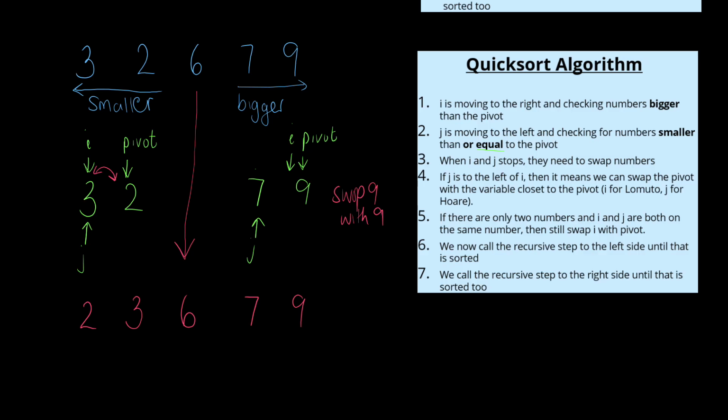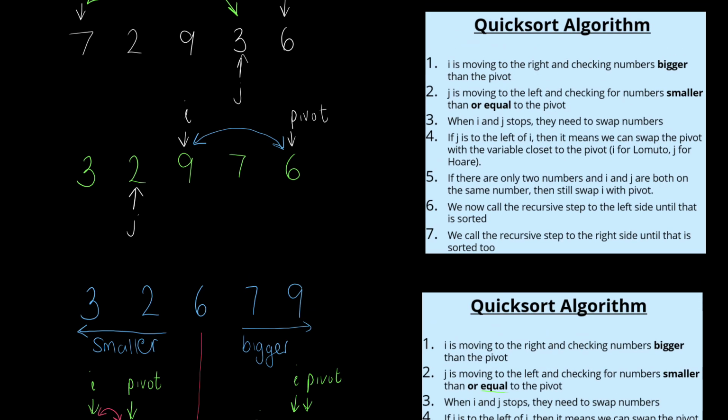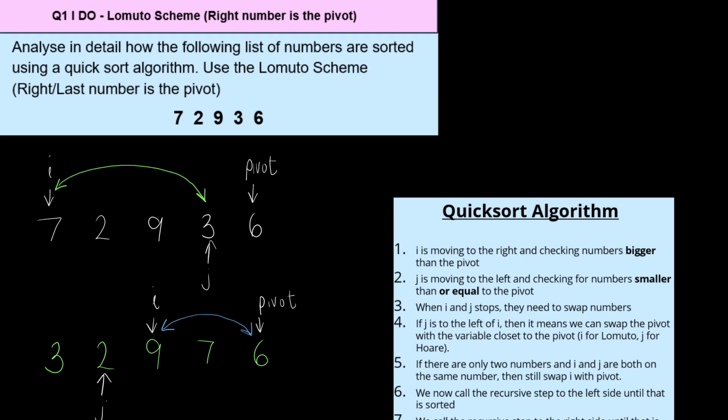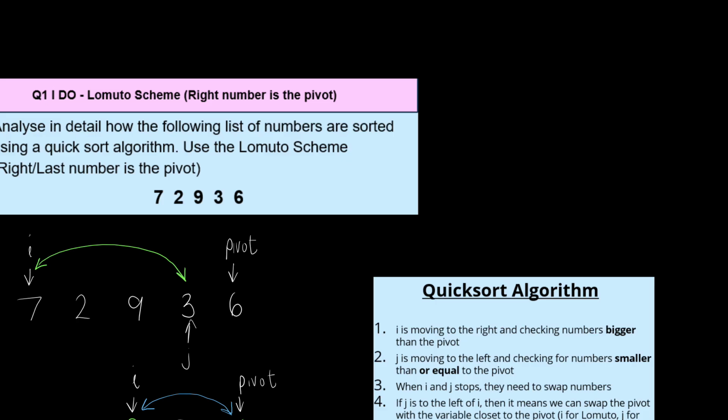Now, when you write this in the exam, these are the numbers they expect you to write. So you're only trying to show when the swap happens. So let's just start with the numbers themselves. We had 7, 2, 9, 3, and 6. And we swapped 7 and 3.